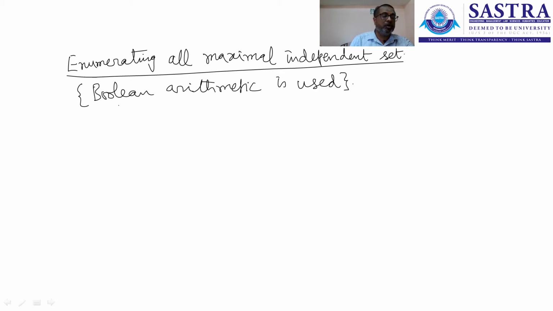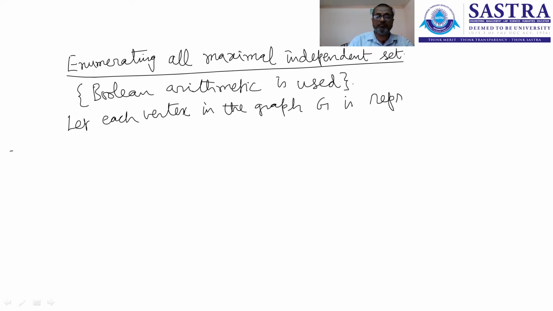Now what we do is, let each vertex in the graph G be represented as a Boolean variable. So this will be the first part.